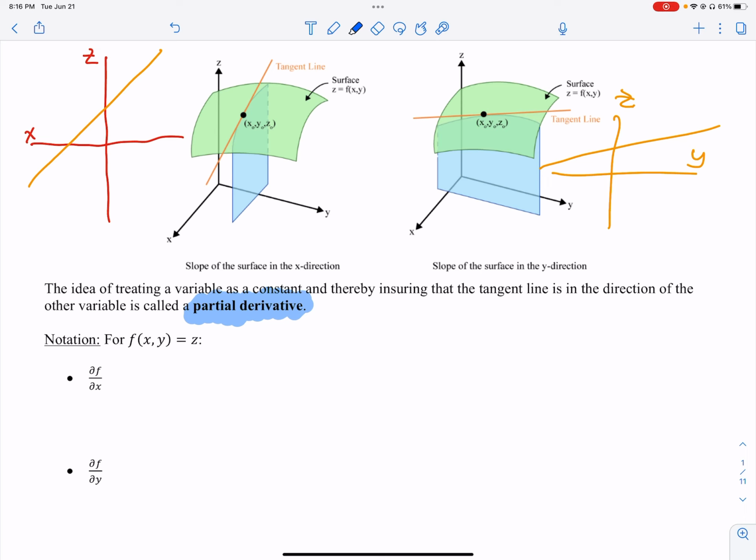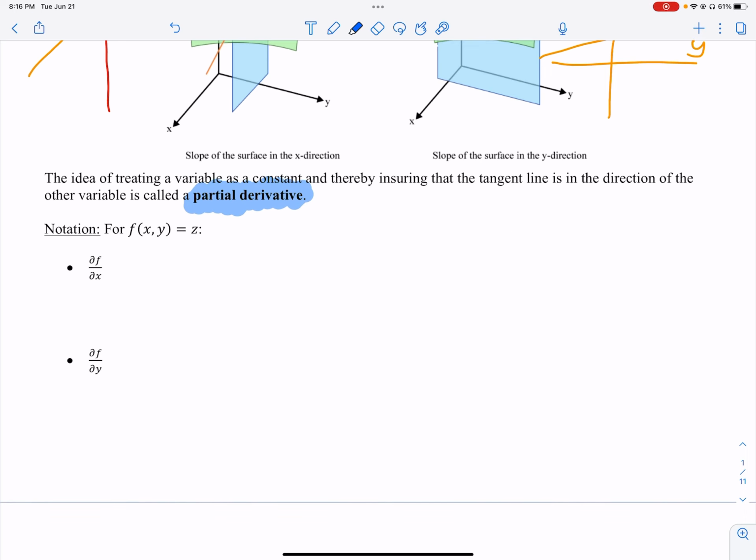So let's talk about notation. For a partial derivative, what we use is that squiggly D looking thing. I used to think it was a Greek letter. Found out recently it's not a Greek letter. It's just a symbol we use for partial. So what this means is hold. I'm going to write this out. Holds y constant.